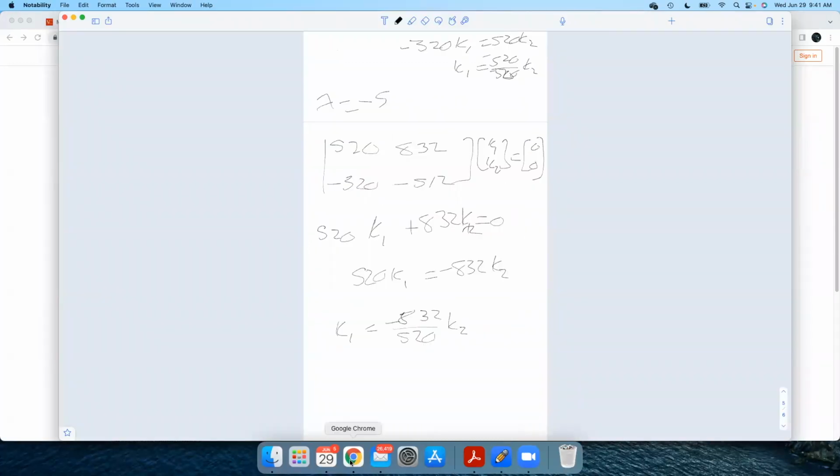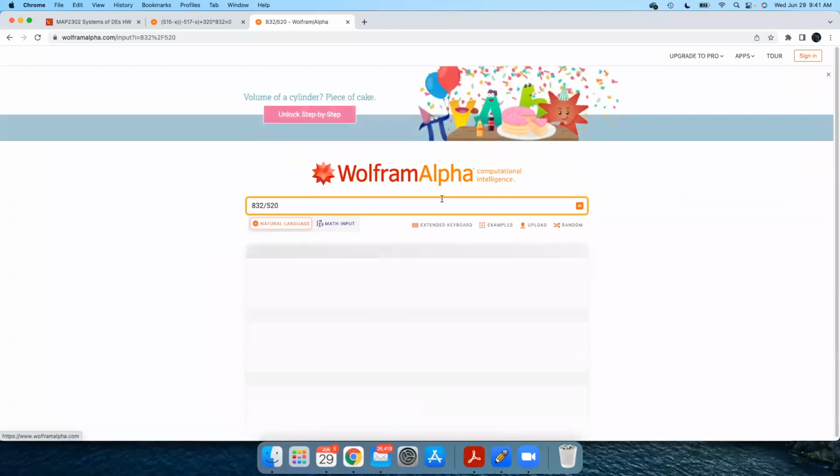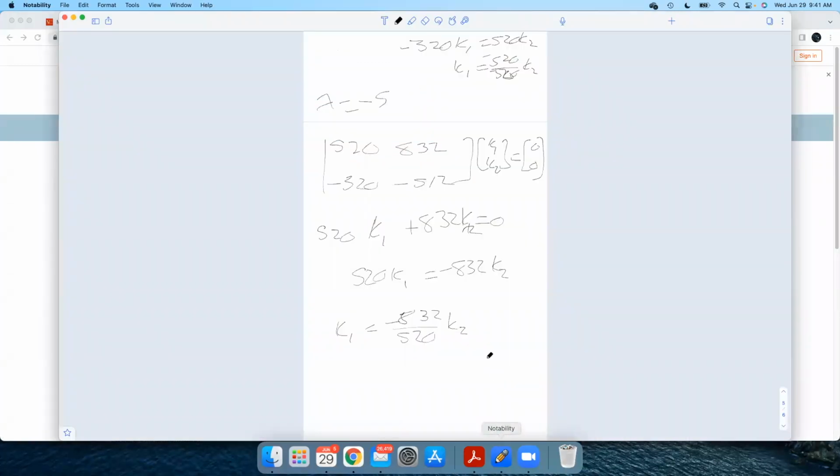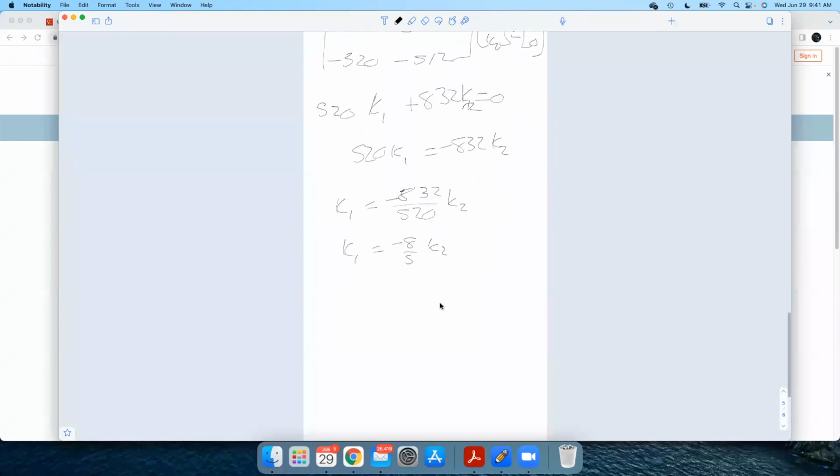Is that 832 over 520? Eight fifths. So K1 is negative 8 fifths K2. And I could do this. I could say, okay, well, I'm going to let K2 be 1. Then K1 is negative 8 fifths times 1. Perfectly fine.